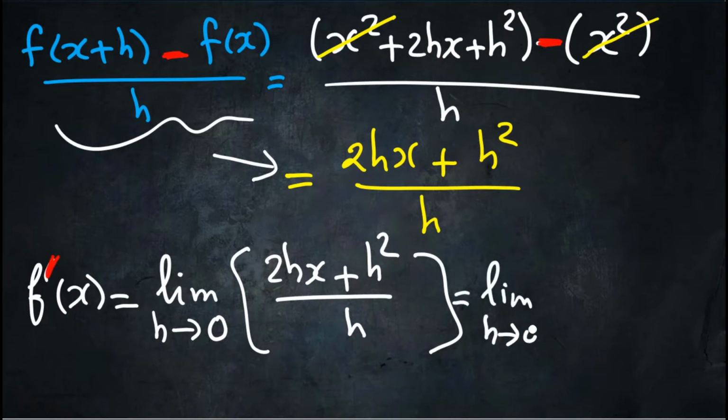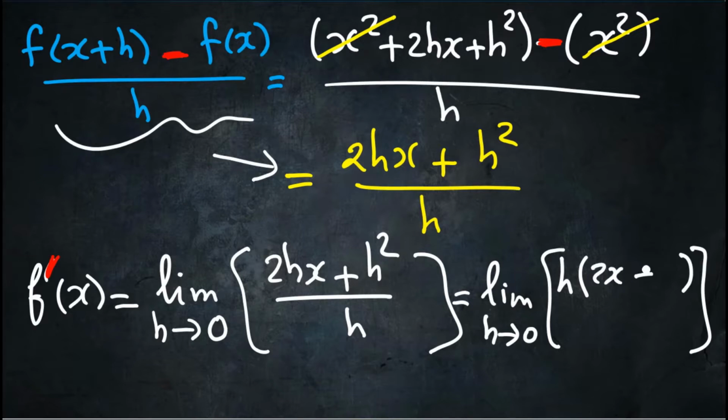This is also the limit as h goes to 0. We can factor out the numerator of the fraction by h. We can pull out the h. If you remove h from each term, we have 2x left plus 1h left, divided by h. We cancel out the h's.